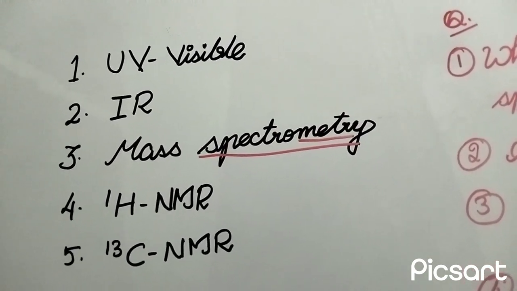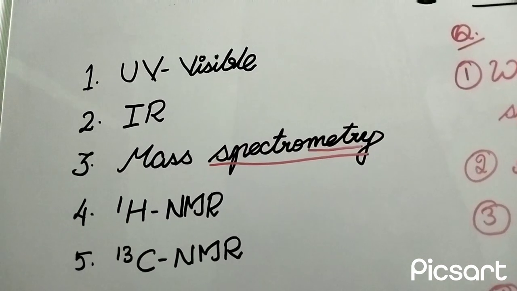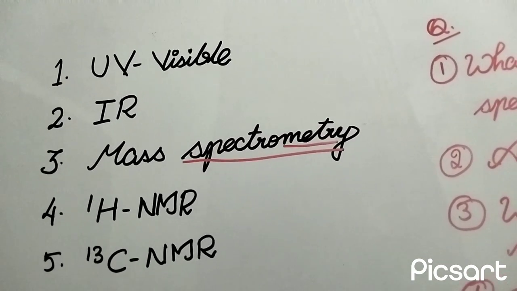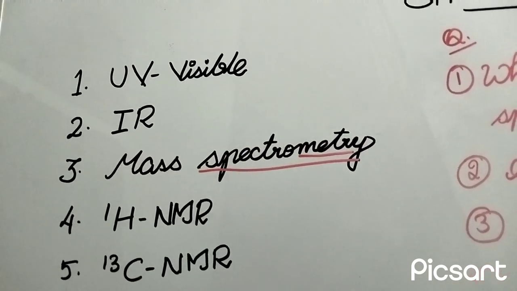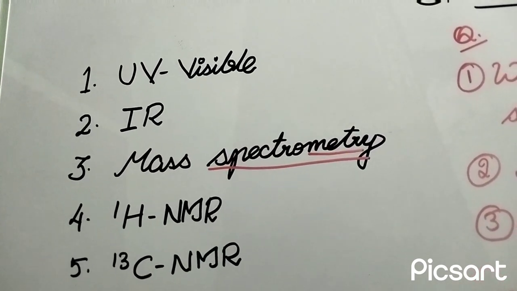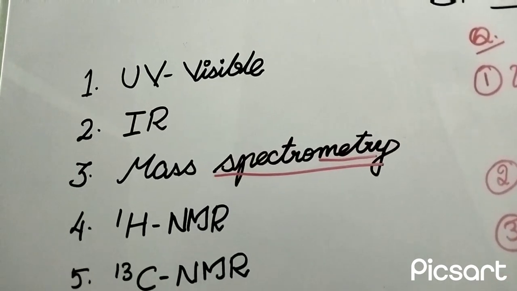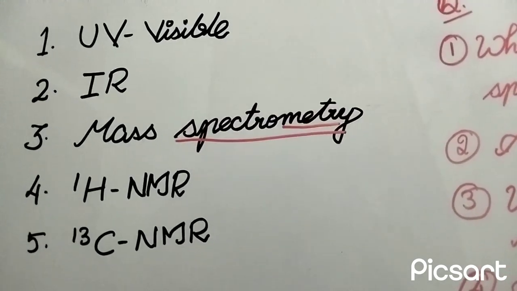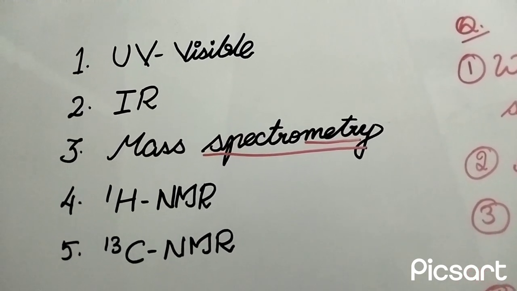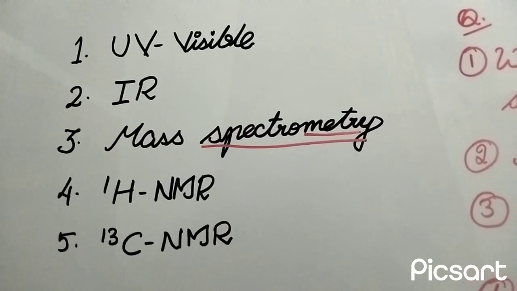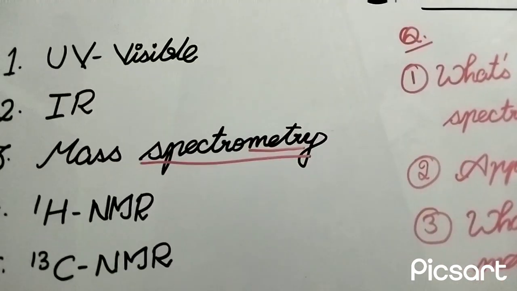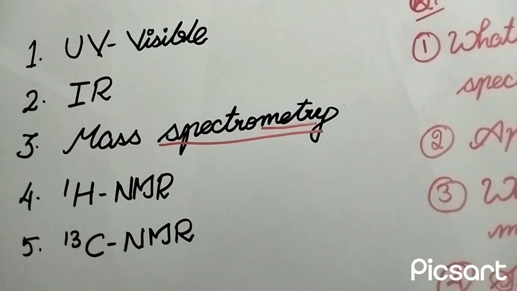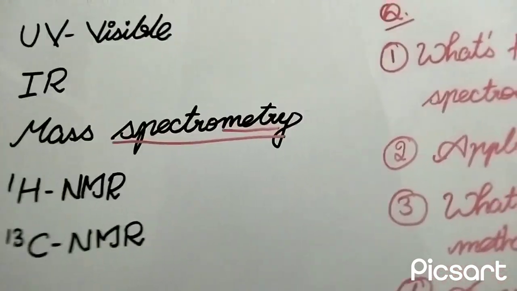In mass spectrometry, they are using a laser beam and bigger molecules to bombard the sample molecules. So they are not using any radiations. So this is known as mass spectrometry, not mass spectroscopy. This is the main difference between spectroscopy and spectrometry.